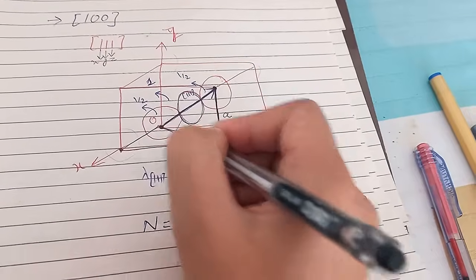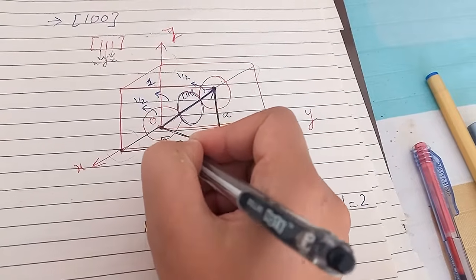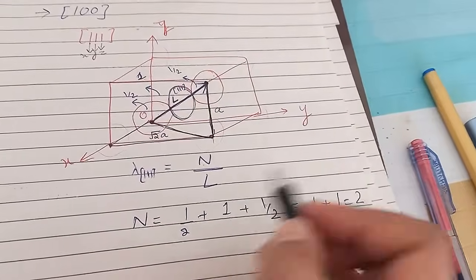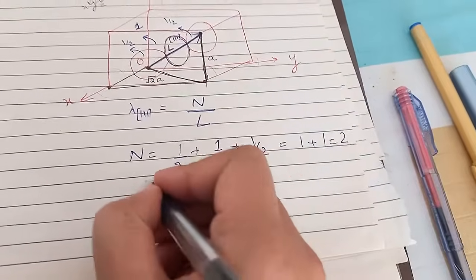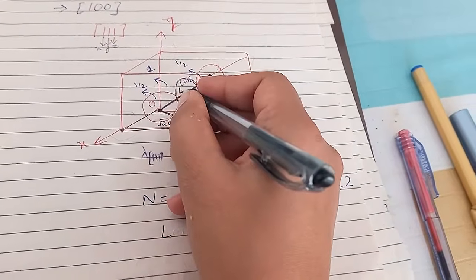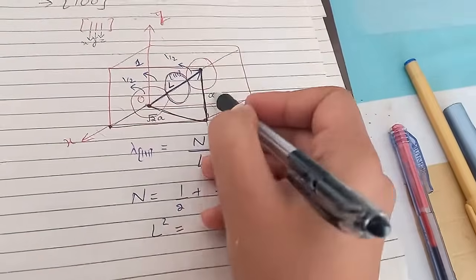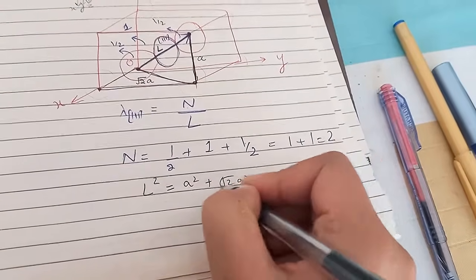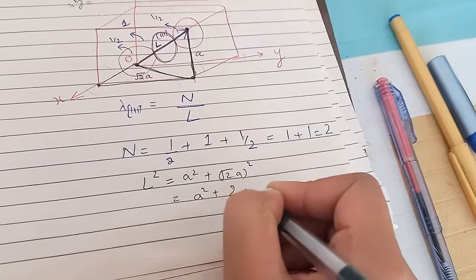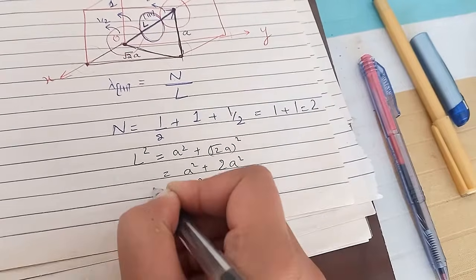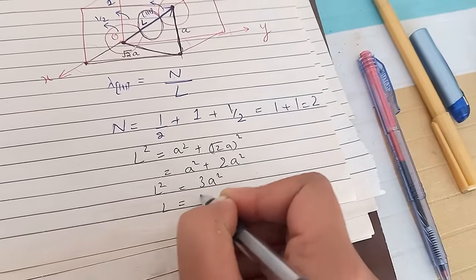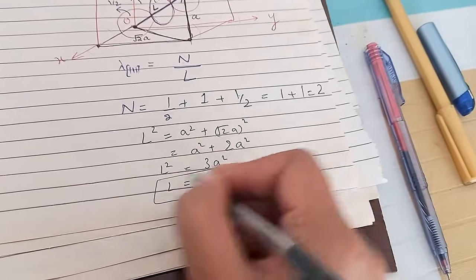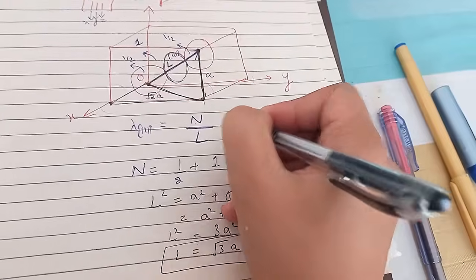This length, as already found, is under root 2a, and this length needs to be calculated, which is, let's say, capital L. So we will use the Pythagoras theorem to find its value. This is the hypotenuse, so its square equals perpendicular square plus base square, which is a square plus under root 2a square, which is 3a square. So L square equals 3a square, and taking under root on both sides, L will be equal to under root 3a.